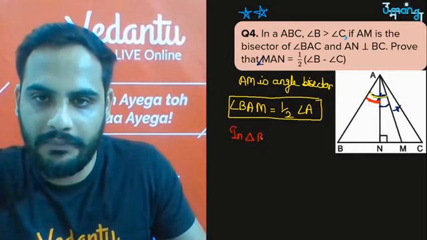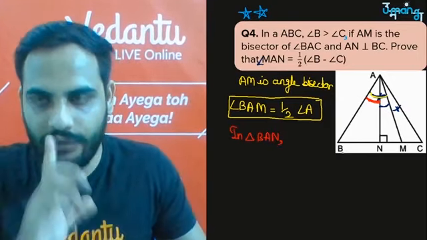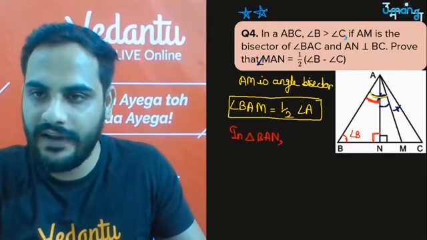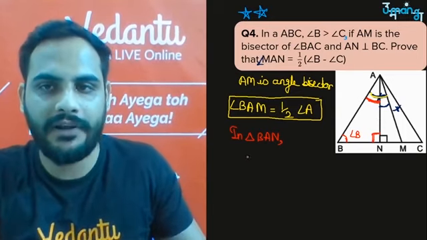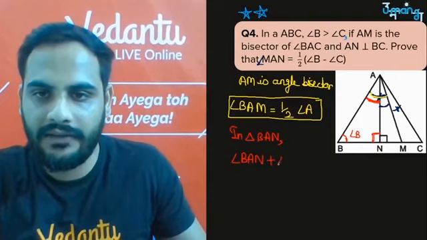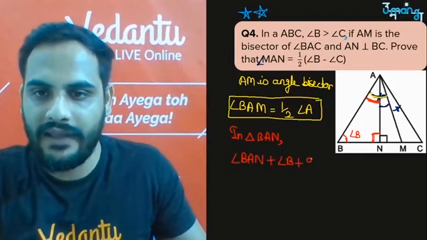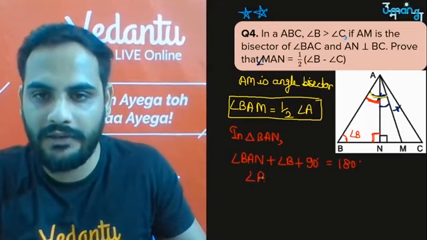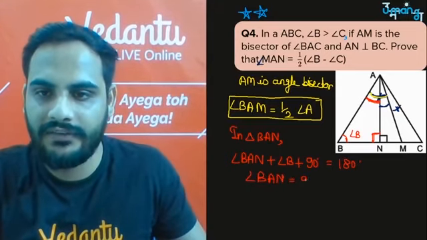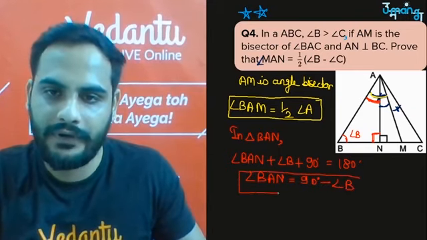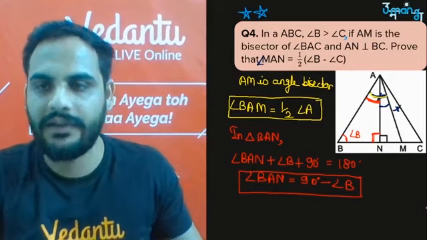In triangle BAN, I know one thing. This is angle B, this is 90 degrees. So if I use angle sum property, I can say angle BAN plus angle B plus 90 degrees is equal to 180 degrees. So solving here, you will get angle BAN as 90 minus angle B.